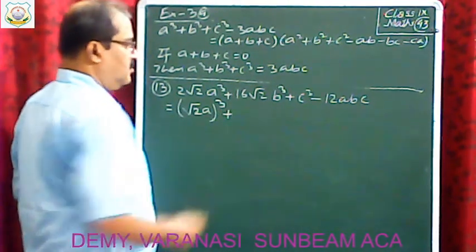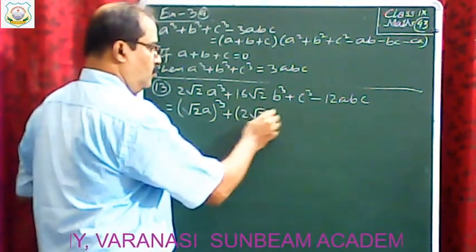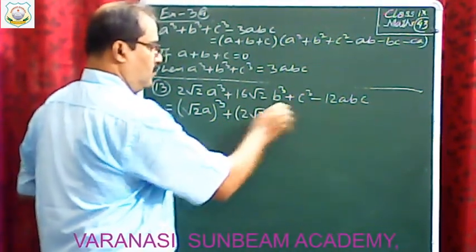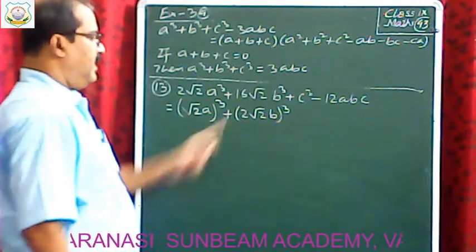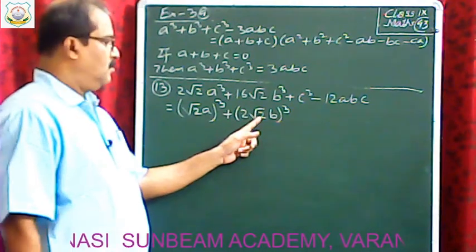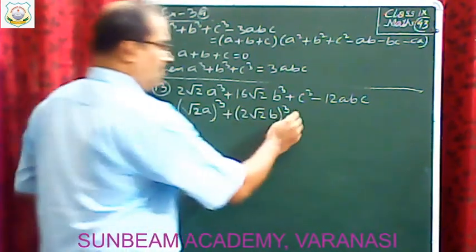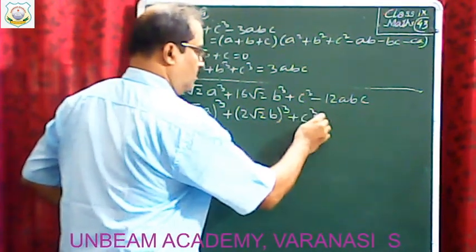Plus 16 root 2 is the cube of 2 root 2 b whole cube: 2 cube is 8, root 2 cube is 2 root 2, so 8 into 2 is 16 root 2, plus c cube.